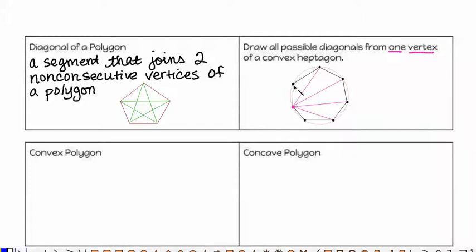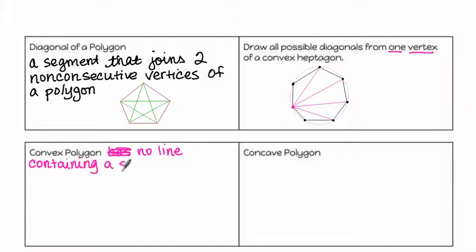All right, so let's talk about what makes a polygon convex and what makes it not convex or concave. A convex polygon has no line, scratch that, has no line containing a side passes through the interior.